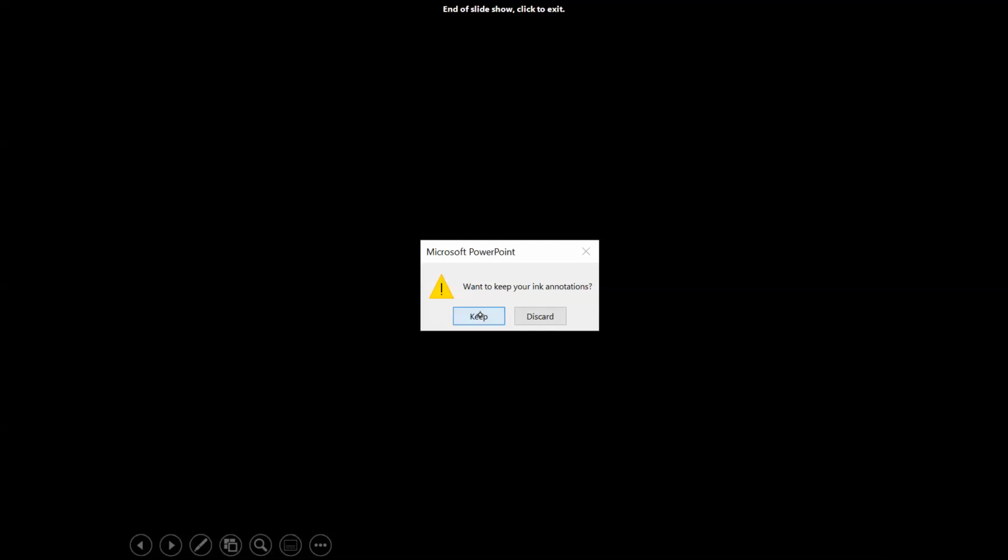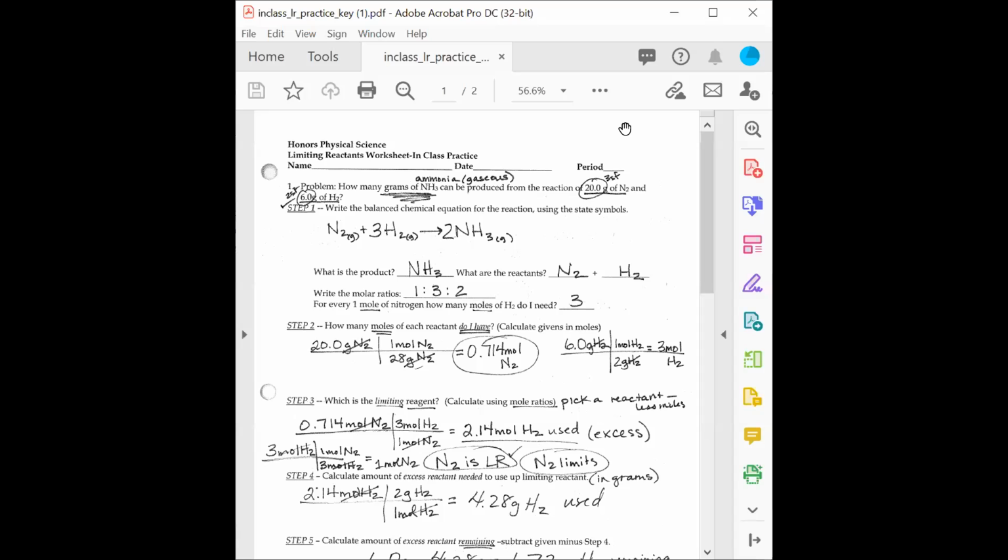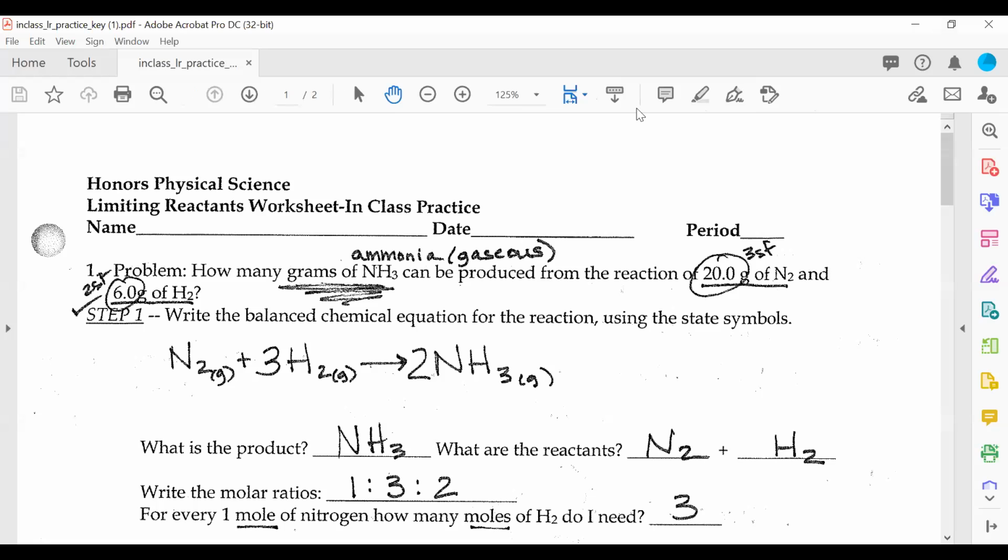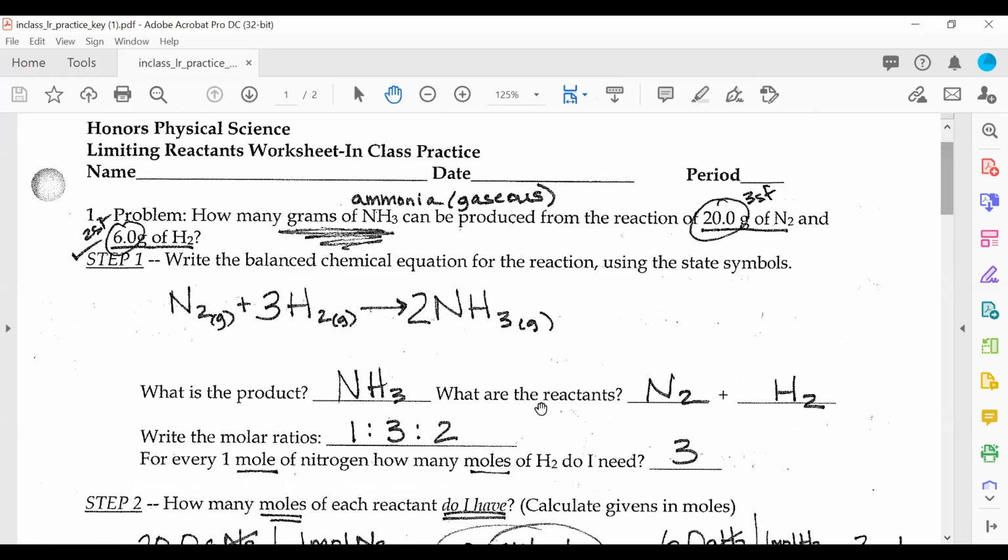So the only thing that the homework doesn't have is that. Okay, so I'm going to post this on Google Classroom. This is an example of how to do the homework, if you don't know how to do it.